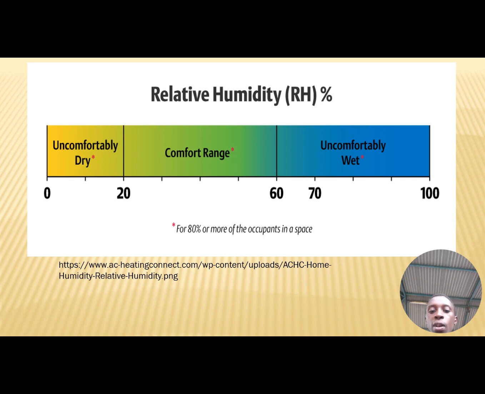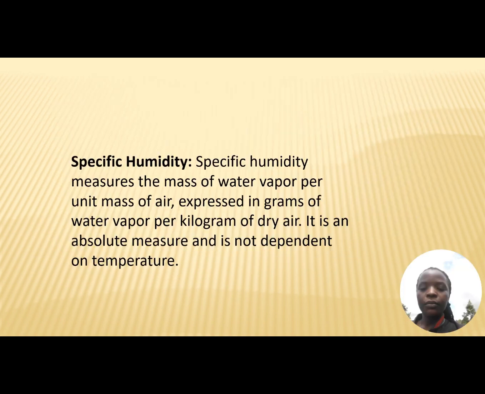From 60 to 100, it is uncomfortable, where we have too much excess water or excess wet condition. I think the normal relative humidity needed is from 20 to 60. But from 60 to 100 or from 0 to 20, it's an uncomfortable place.